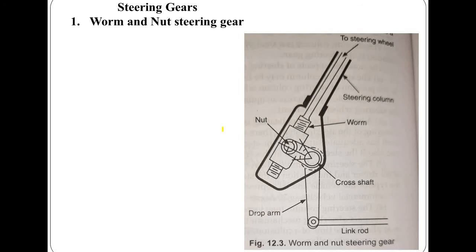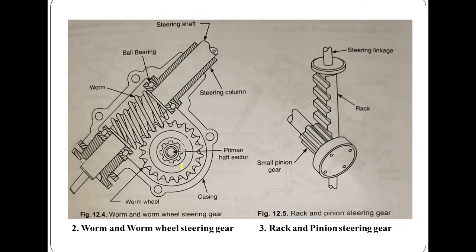In the previous lecture we discussed some of the steering gears. There are 5 types in our lecture. The first 3 we have already covered: the worm and nut steering gear, the worm and worm wheel steering gear, and the rack and pinion steering gear.